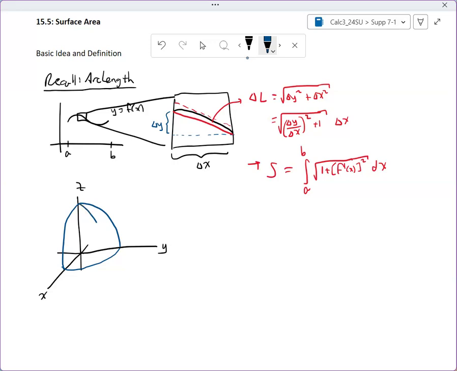I'm going to consider a point on this surface. I'm trying to draw it somewhat nicely here. Say this is a point of interest. I'm going to take this as a point that is within some little chunk of this surface.